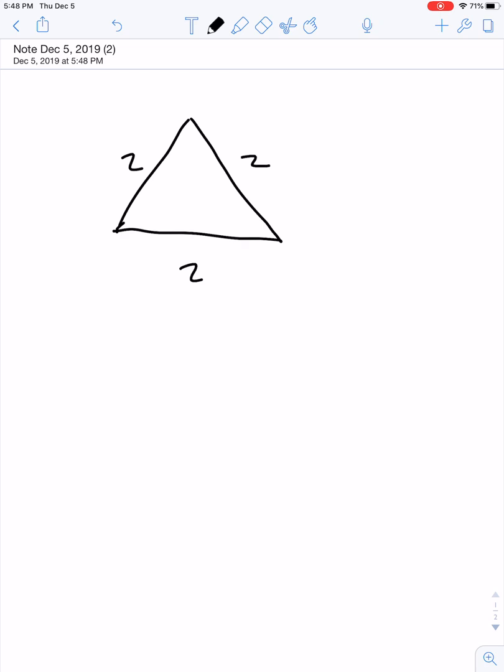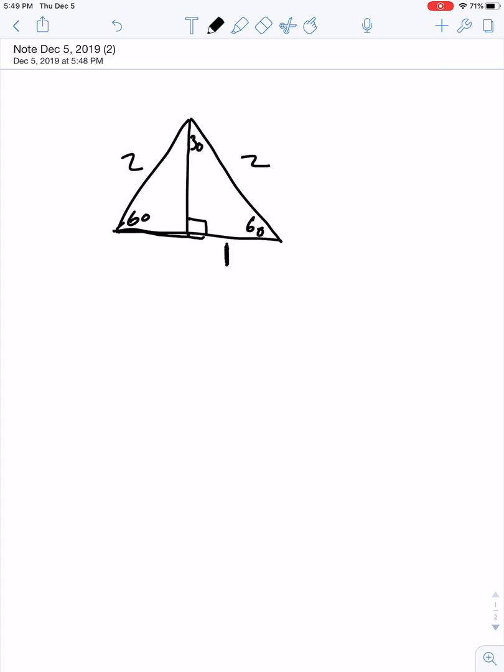If it's equilateral, we know that all of the angles are 60. If I draw an altitude, it's going to bisect that angle, so that's going to be 30. It also bisects this side equally, so this piece here is 1. You can already see part of the 30, 60, 90 being developed.